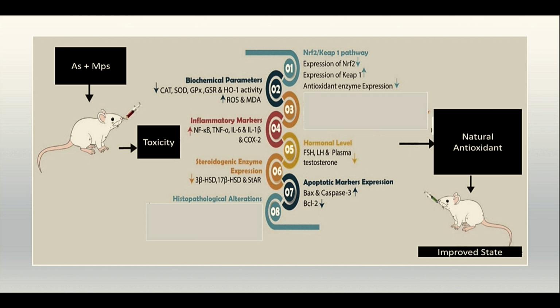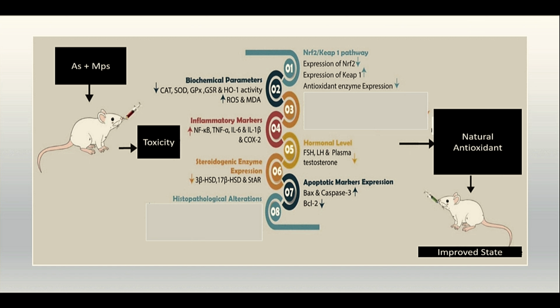So this is a chemical reaction where you can see the animal has been injected with arsenic and microplastics, and it causes toxicity, and you can see the parameters. It is disrupting the pathways, and then there are changes in the biochemical parameters. I won't go in depth.